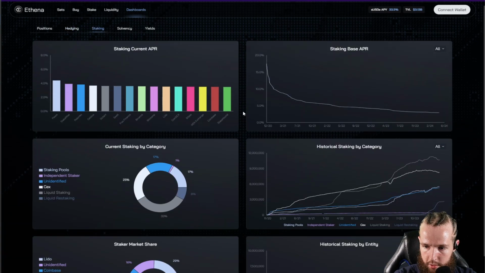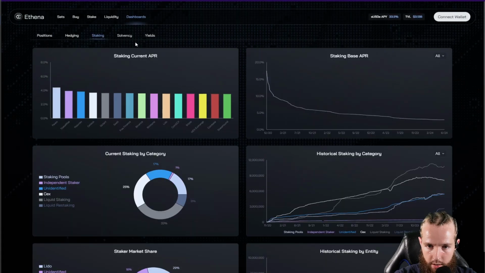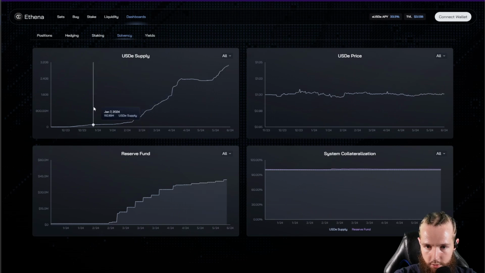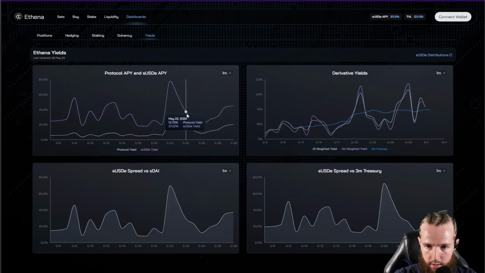Their staking yields for the different Ethereum positions that they have, their solvency. So you can see the USDe supply, the price, collateralization, as well as the reserve fund, which is currently at $41 million, almost $42 million. And then the yields as well.